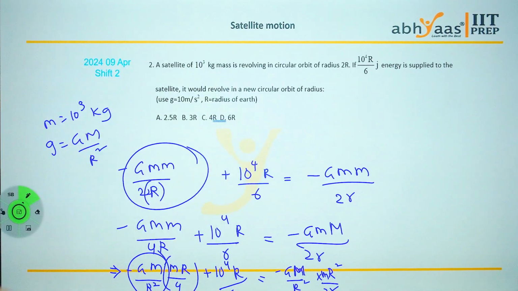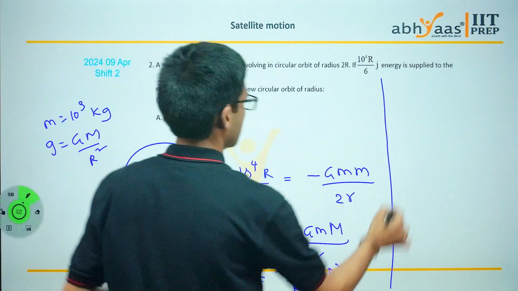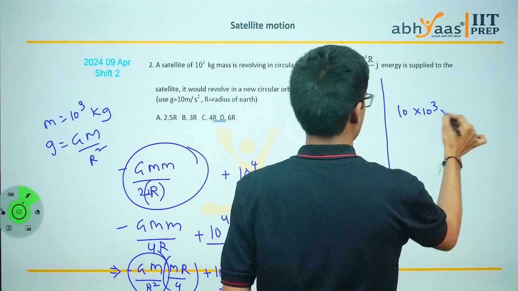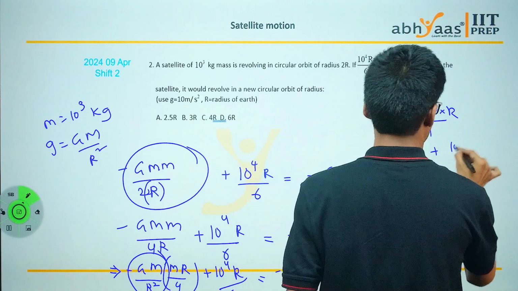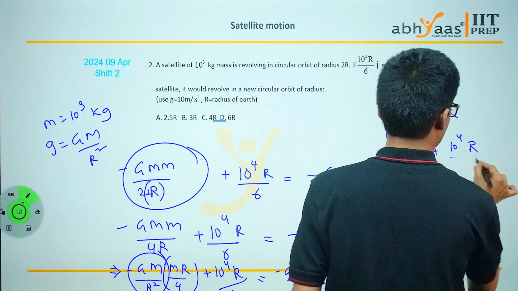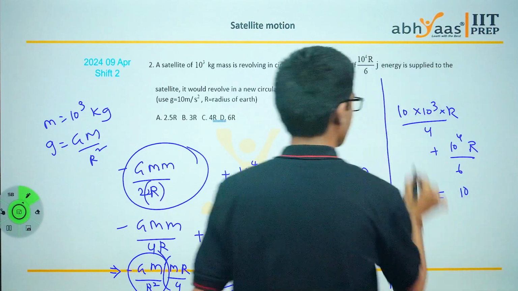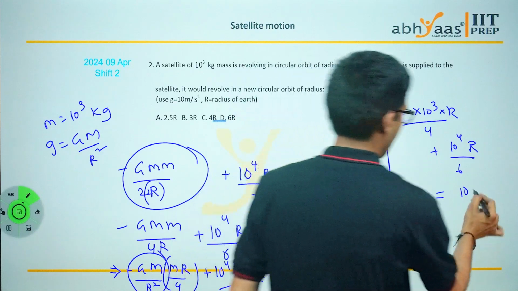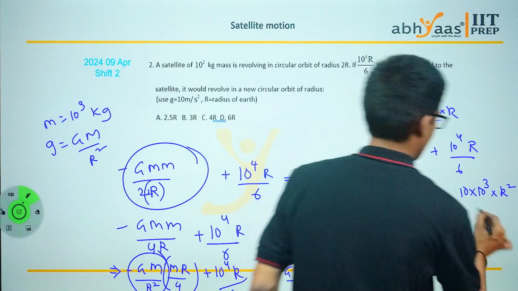So then what happened? You keep the value of r. GM by capital R square means what? The g value is 10. 10 into mass 10 cube into r by 4 plus 10 power of 4 r by 6 is equal to, again this side also 10, and m is 10 cube into r square, you keep like that only, by 2r.